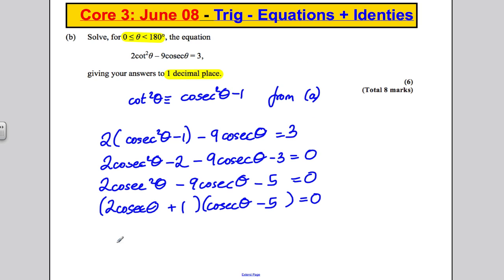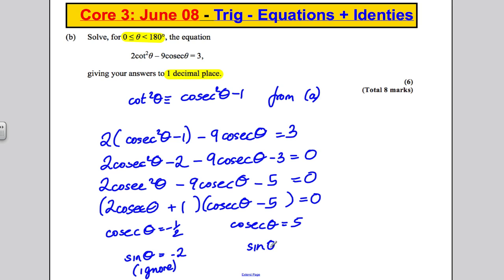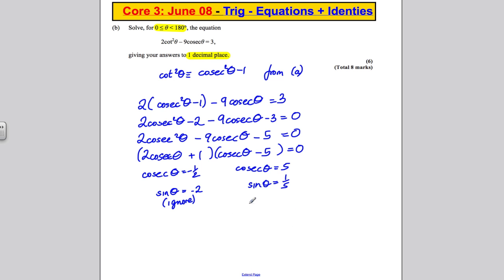So therefore we get that cosec theta is negative 1/2, and cosec is 1 over sine, so therefore sine is the inverse of this, must be negative 2, which you can ignore because sine is always between 1 and minus 1. And this one tells me that cosec theta is 5, so therefore sine theta is 1/5, which I can get solutions for and I can work out easily.